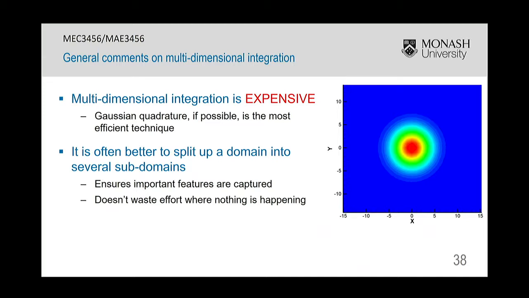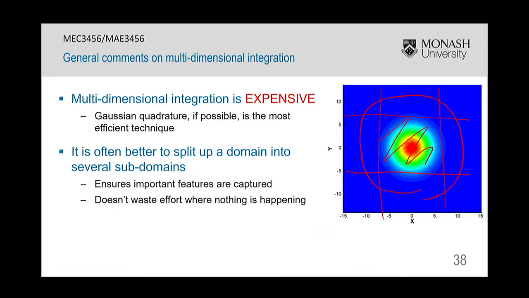So if we were trying to integrate this function that's represented by the contour in the figure here, we might split this up into, say, 9 domains. And in the inside domain here, we would use a high-order Gaussian quadrature to make sure that we pick up all of the variation, but in the regions or the zones outside, we could use a low-order Gaussian quadrature.